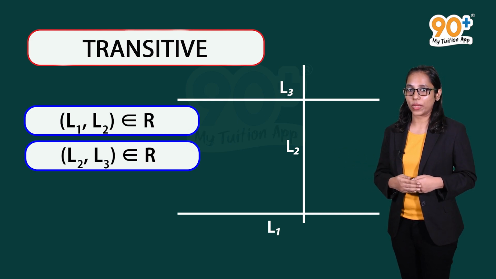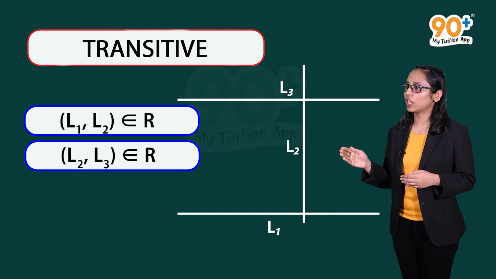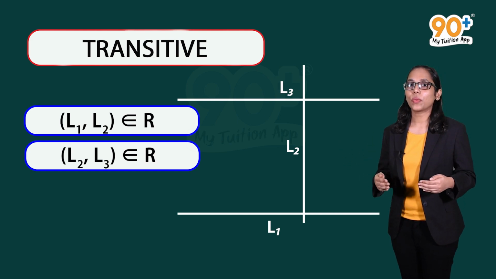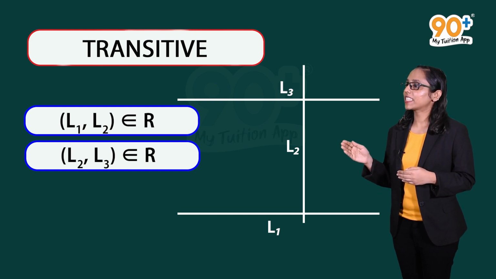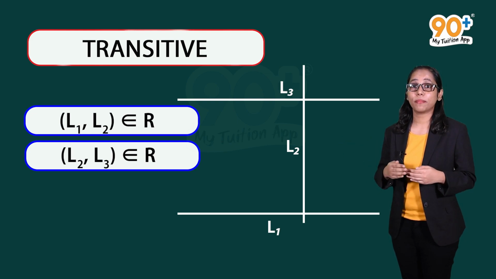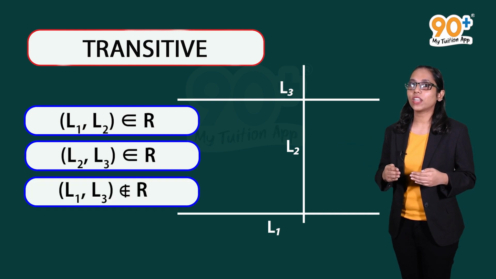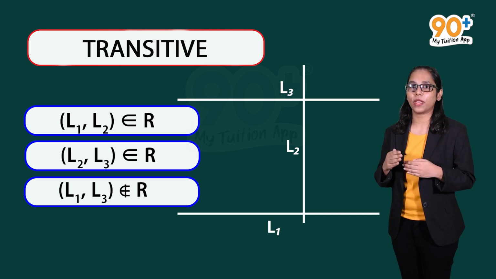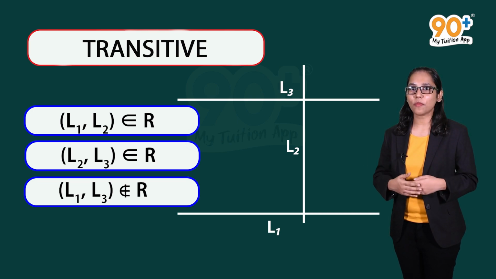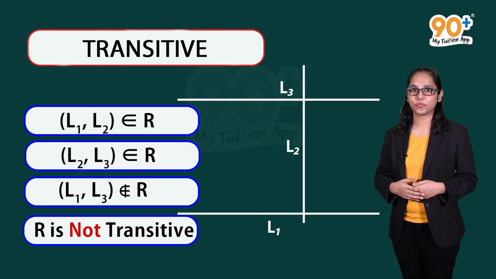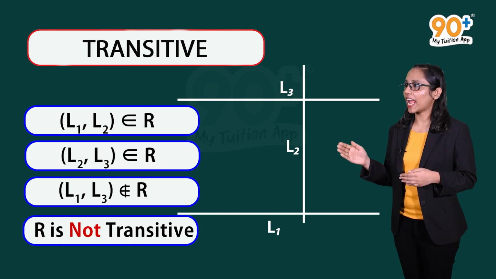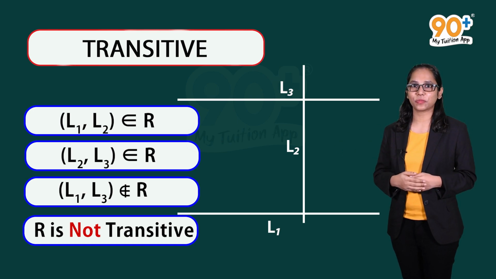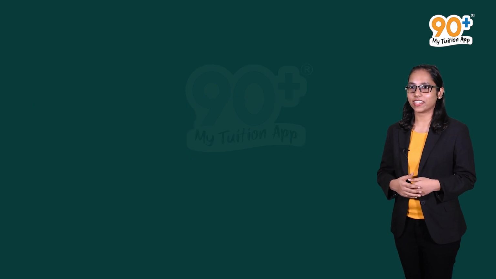Now we need to check whether L1 is perpendicular to L3. We know that L1 is parallel to L3 here. That is, L1 is not perpendicular to L3, which implies that the ordered pair (L1, L3) is not an element of R. Thus, we have proved that R is not transitive. That is, we have proved that R is symmetric but neither reflexive nor transitive. Moving on to the next question.